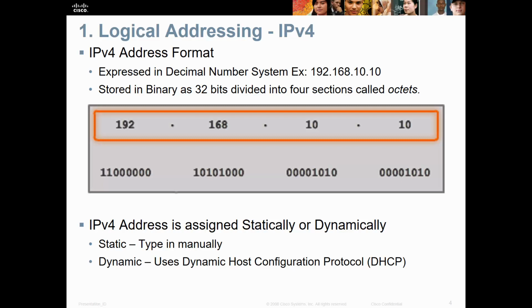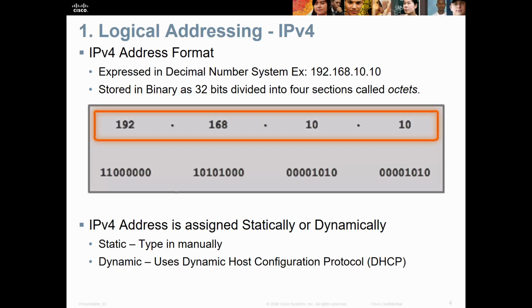Later in the course, we'll introduce a newer form of addressing we call IPv6 that superseded to a certain degree IPv4. But in our network, we're going to be deploying both IPv4 and IPv6 in several labs. So IPv4 is a key part of the addressing that we will be working with.